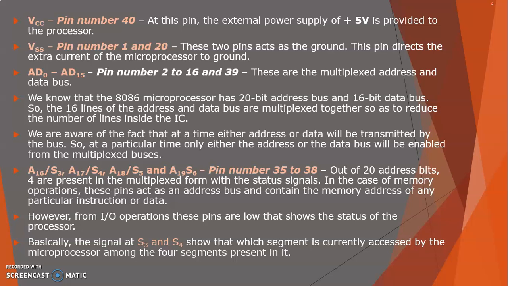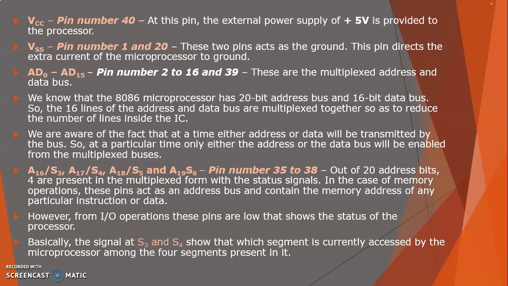Then AD0 to AD15, pin number 2 to 16 and 39. These are the multiplexed address and data bus. We know that the 8086 microprocessor has a 20-bit address bus and a 16-bit data bus. So the 16 lines of the address and data bus are multiplexed together so as to reduce the number of lines inside the IC.